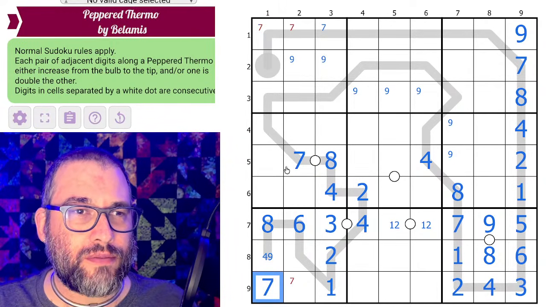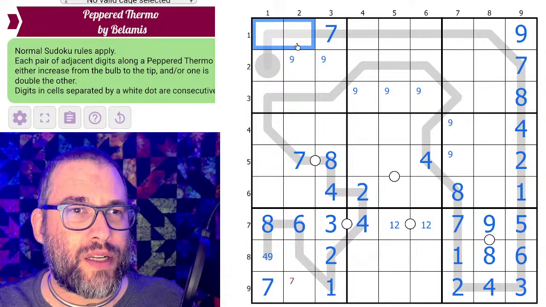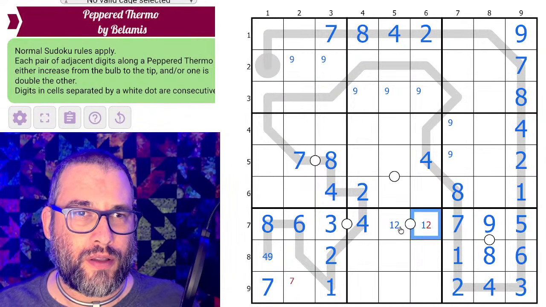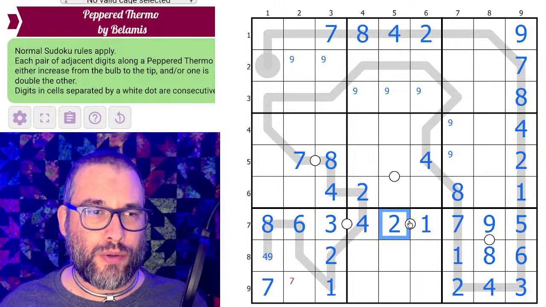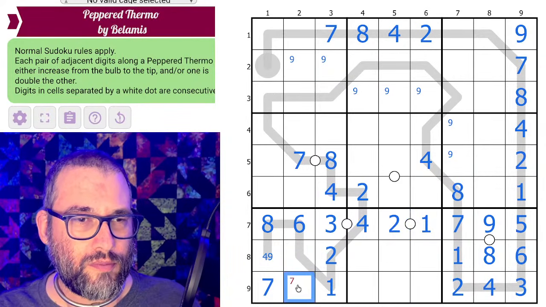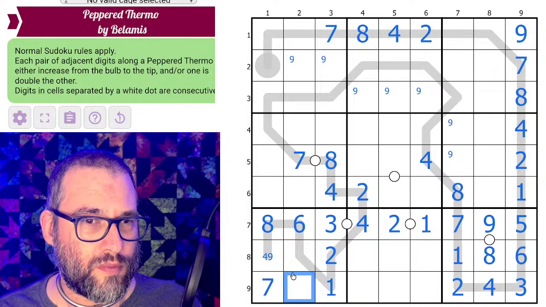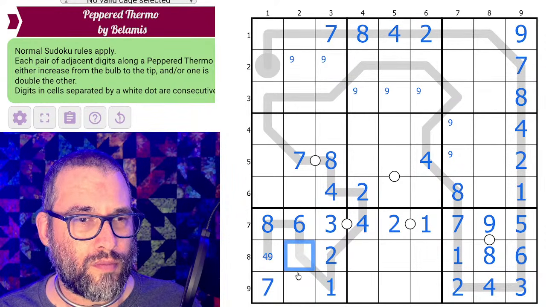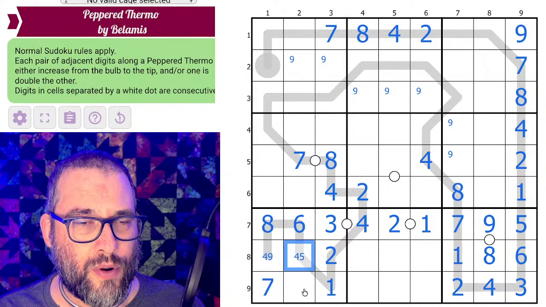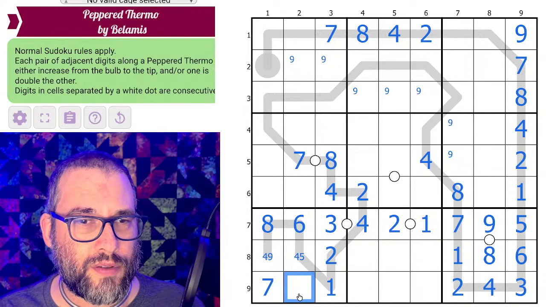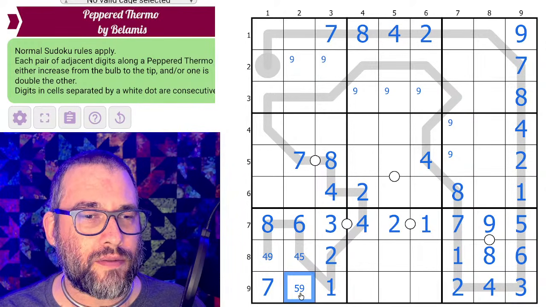That's a 7. So that's a 7, 8, 4, 2. That's a 1 and that's a 2. This is a 4 or a 5. This is a 5 or a 9.